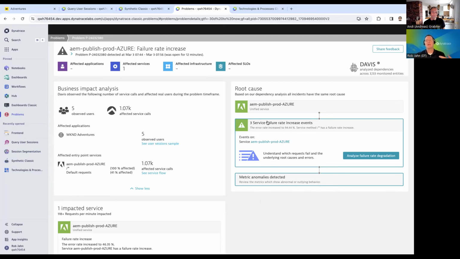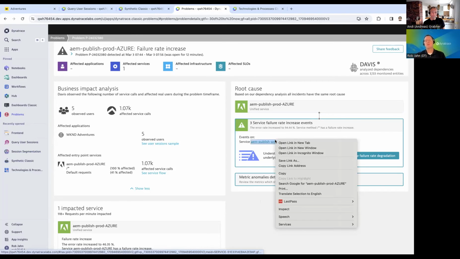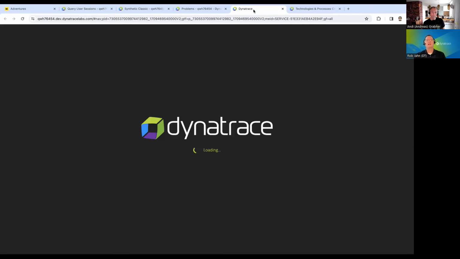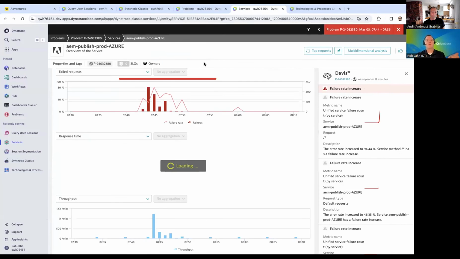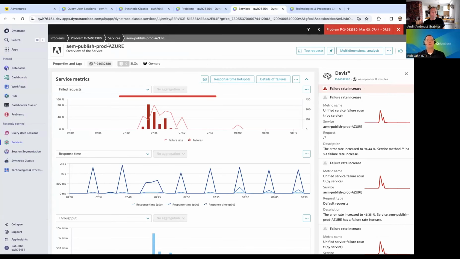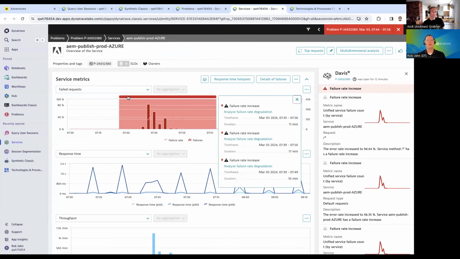So in this case, this was known by this particular publishing process, right? If I look at it, and we'll jump into the infrastructure in a second, I will also see here is this particular publishing process that is serving this page, and I'm getting the problem window, so I can now easily see it's happening in this time frame.